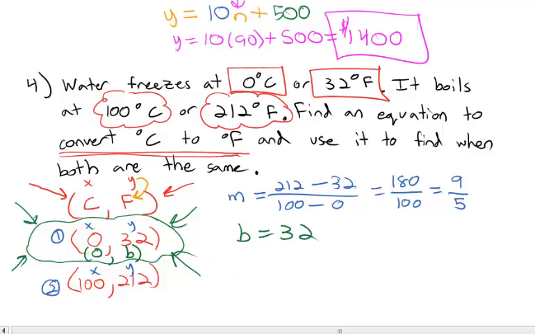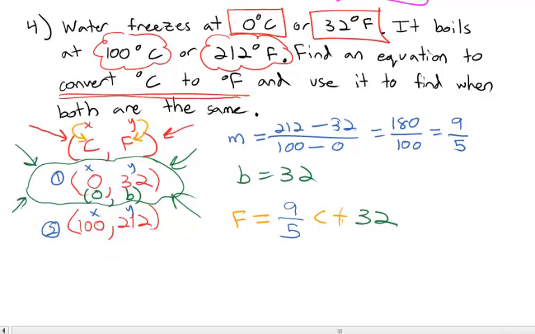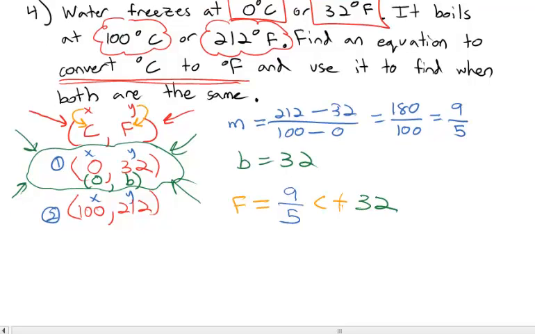Y, which I'm going to use F so I know what we're talking about, Fahrenheit, is equal to 9/5 times x, which represents the Celsius. Actually, I'll put that 9/5 in blue, so we know that's our slope. Plus b, the y-intercept is 32. This is the equation we can use to convert Celsius to Fahrenheit.